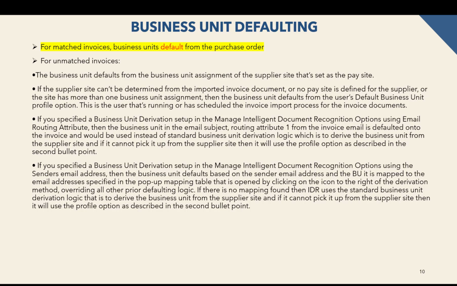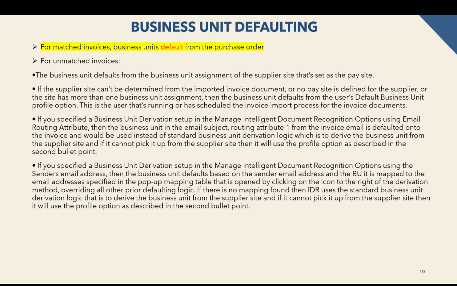If you specify the business unit derivation setup in the manage IDR options using the sender email address, then the business unit defaults based on the sender email address, and the business unit is mapped to the email address specified in the pop-up mapping table that is opened by clicking on the icon to the right of the derivation method, overriding all other defaulting logic.